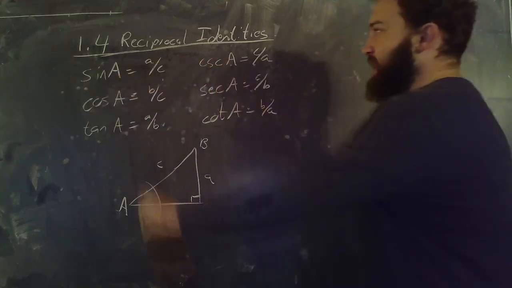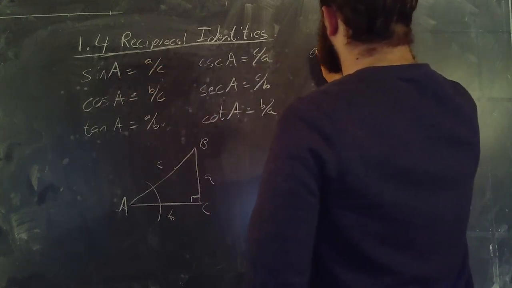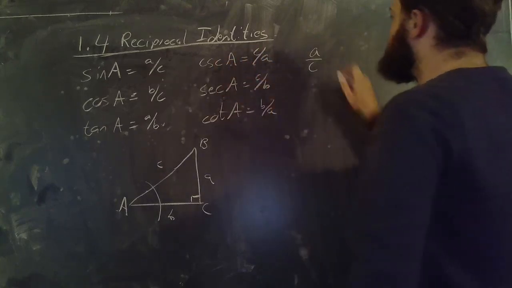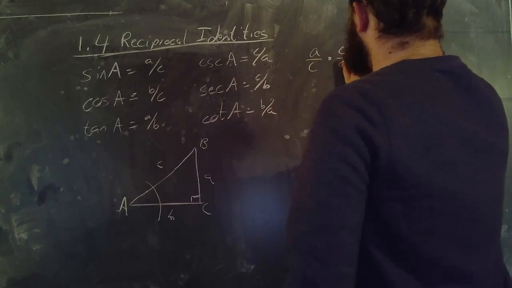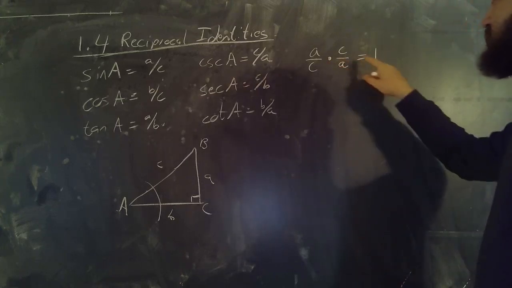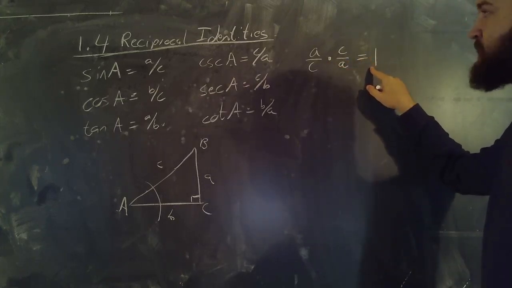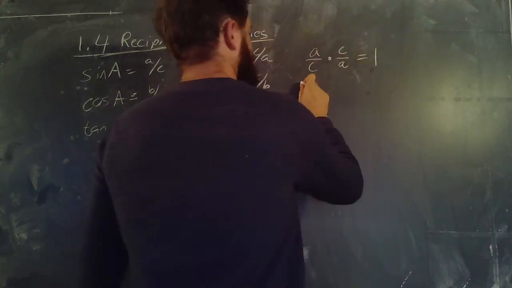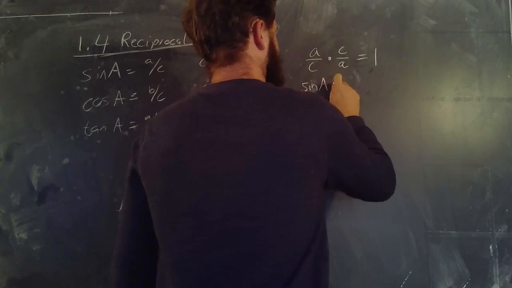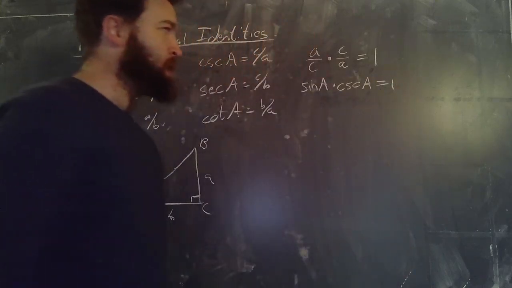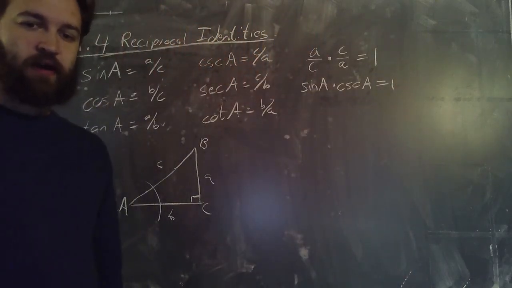Well, if sine of A is a over c, and cosecant of A is c over a, then the effect that multiplying these 2 ratios has is to reduce everything down to 1. So if you take the sine of A and the cosecant of A and multiply them, it gives you 1. To write this using the actual trig ratios as opposed to the fractions, that's sine of A times cosecant of A equals 1.